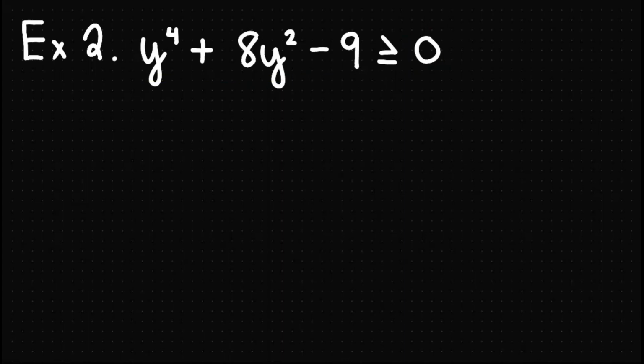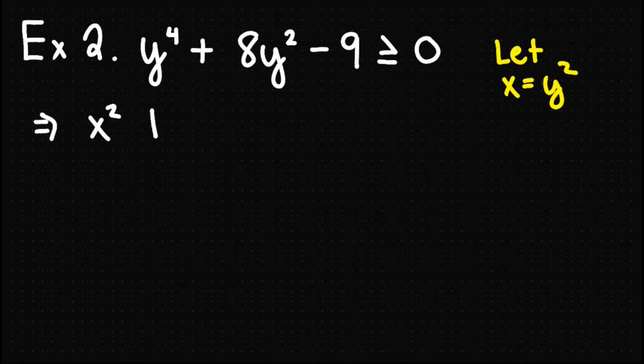Observe that we can let x be equal to y squared. By doing that, we can write this one as x squared plus 8x minus 9 is greater than or equal to 0. And this is simply a quadratic equation.